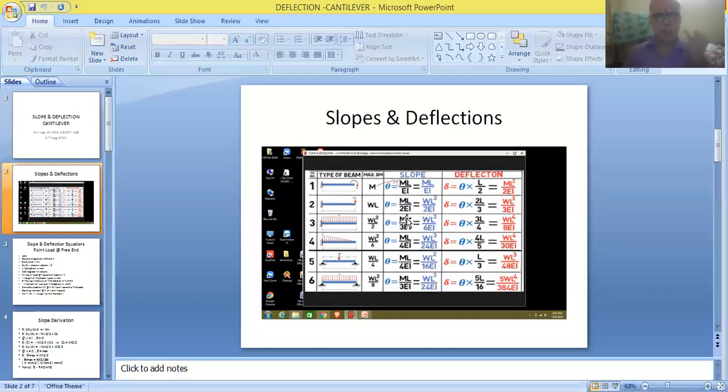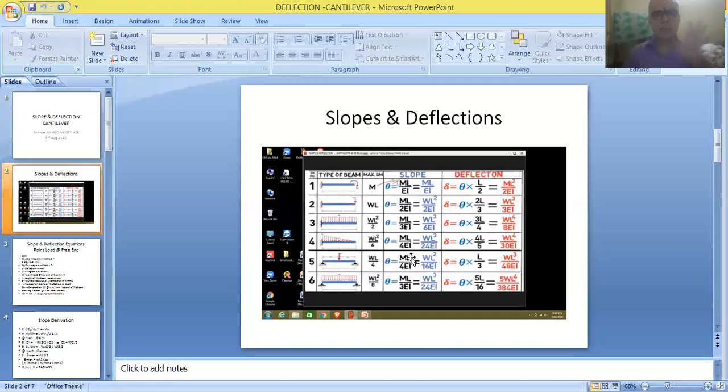So notations are very, very important. The units are very, very important. Equations, formulae, and definitions are also very, very important for dealing with these topics.